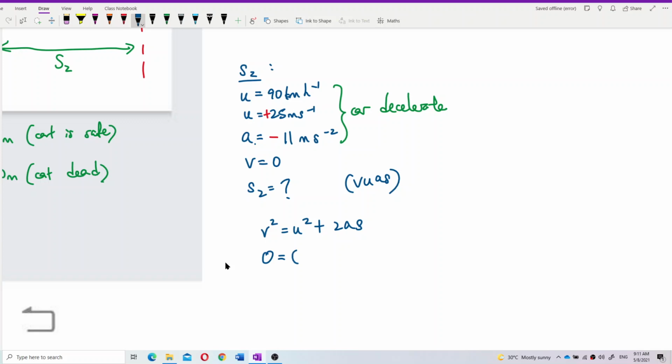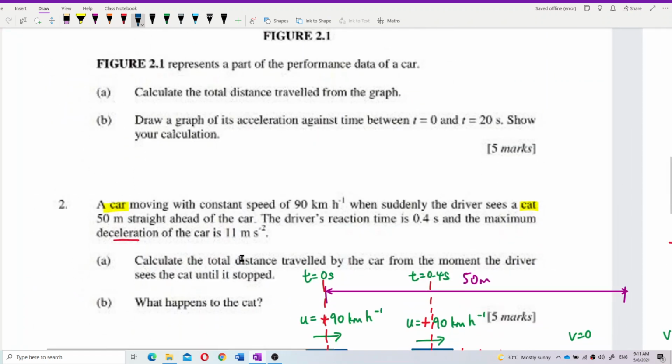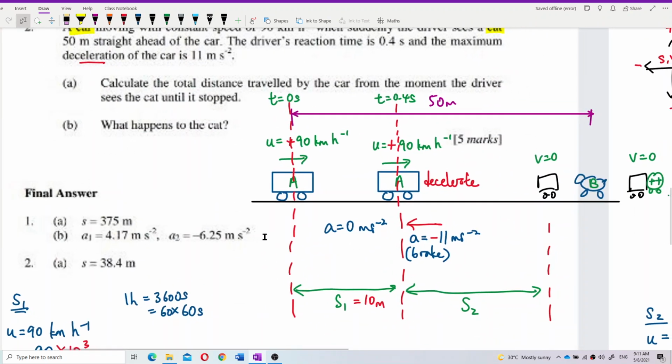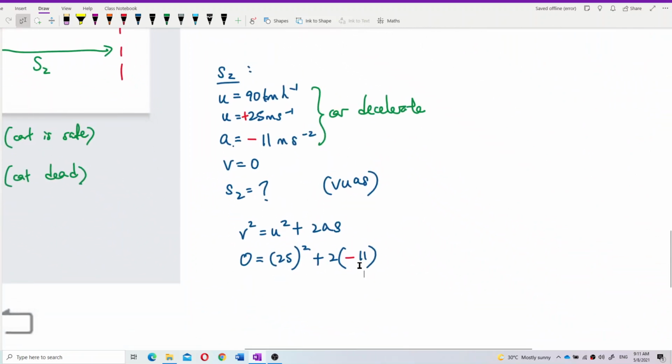Initial velocity is 25 in SI unit; you must convert to SI unit. And then 2A, where A is negative 11. Remember your negative sign. If you don't put a negative, then you are wrong. The deceleration is 11, but you must put negative 11. And then S.